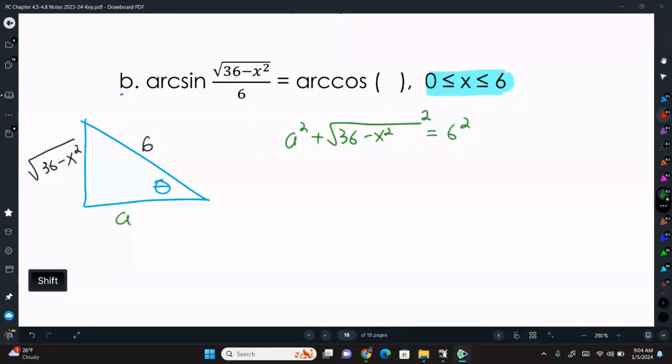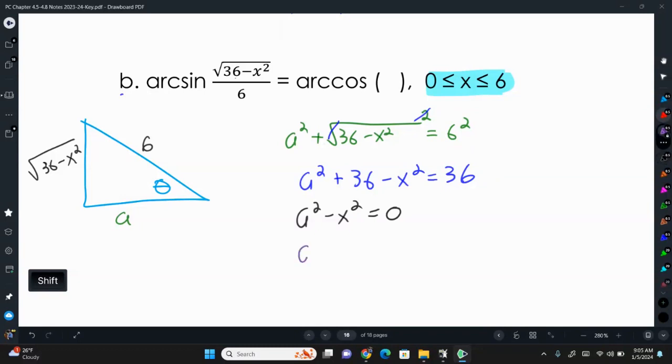Well, the beautiful thing is that the square root that's in the opposite side and the square from the Pythagorean theorem are going to cancel. So we get a squared plus 36 minus x squared equals 36. Minus 36 from both sides, we get a squared minus x squared equals 0. And then when we add x squared to both sides, we get a squared equals x squared.